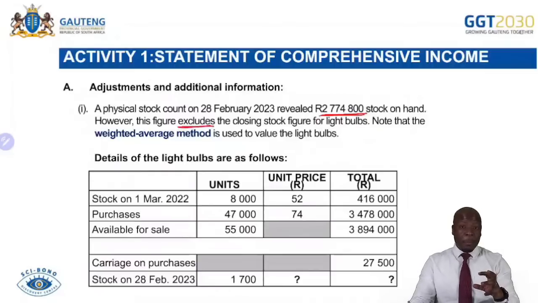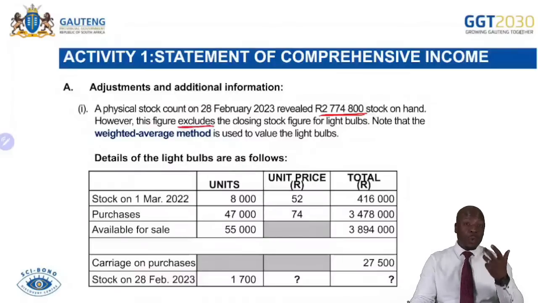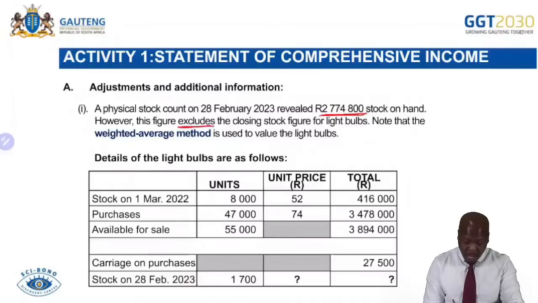So this figure does not include the closing stock for light bulbs. And we need to consider that when an amount is not included, we need to include it then. And then it says, note that the weighted average method is used to value the light bulbs. And then the information that relates to the light bulbs is as follows.